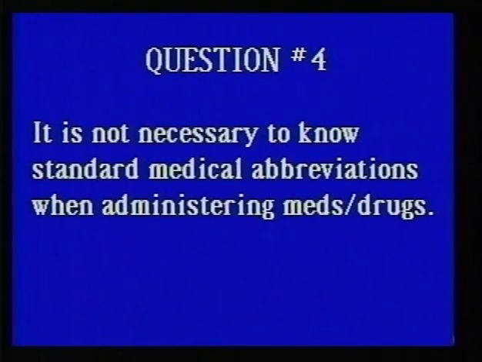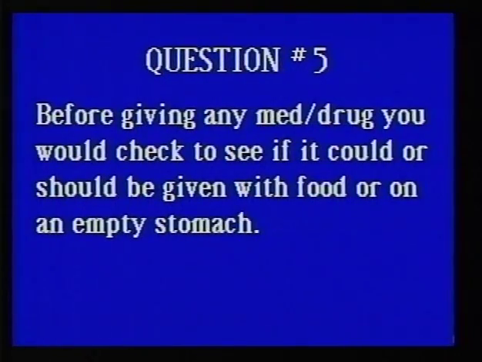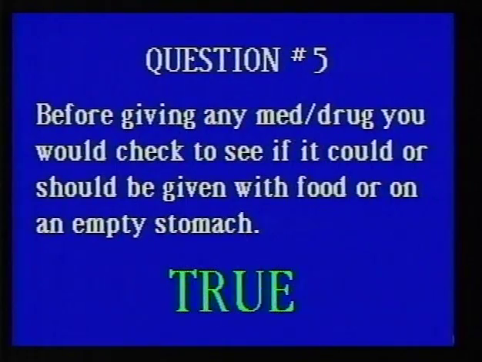Number 4, it is not necessary to know standard medical abbreviations when administering medications. That's false. Be sure to clarify any odd-looking abbreviations also. Number 5, before giving any drug, you would check to see if it could or should be given with food or on an empty stomach. That's true.